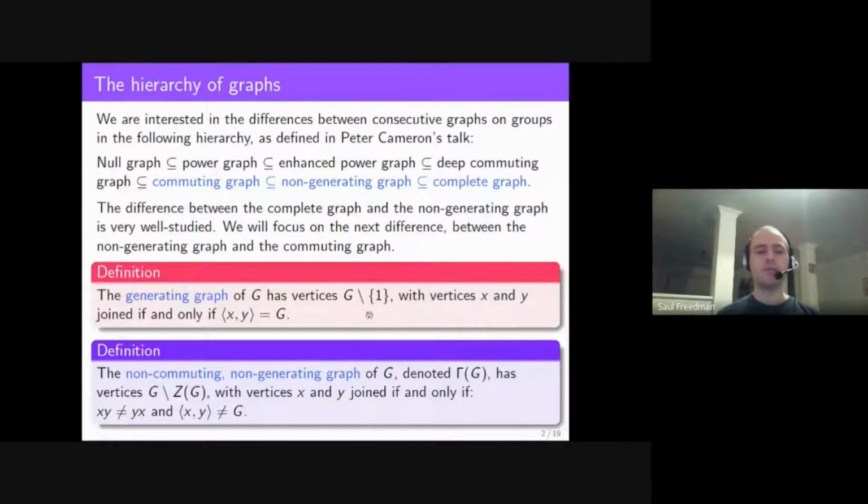And similarly, for gamma of G, we remove the central elements from the vertex set because those will always commute with every other element, and so they will never be joined to anything else.